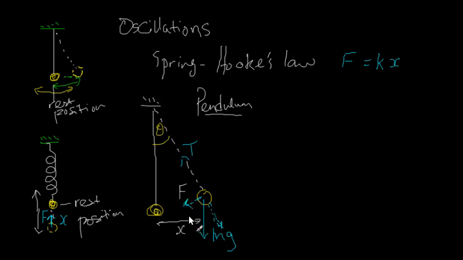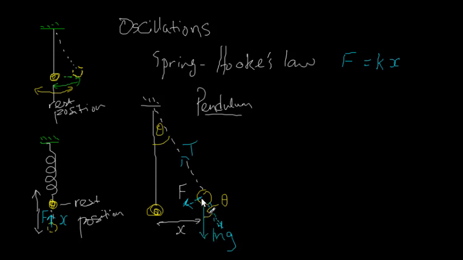Now the force might be easier to start. So first, notice that this angle is the same as this angle, because this is the vertical and that's the weight and they are parallel. So those two angles are corresponding angles, so they're equal.